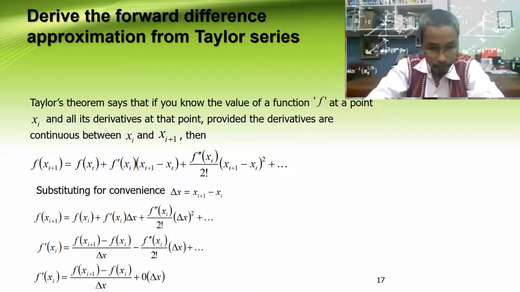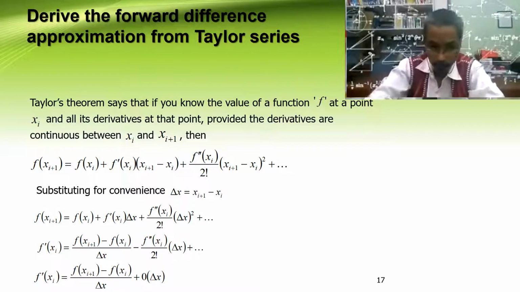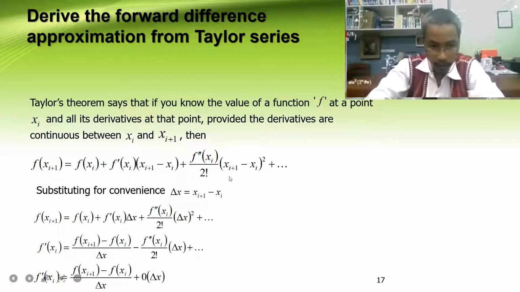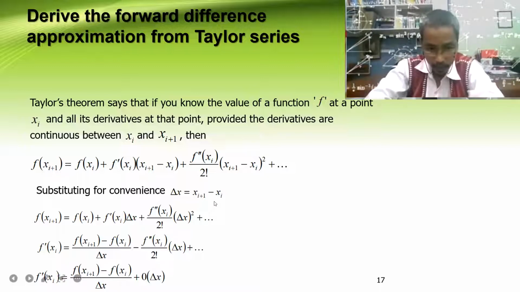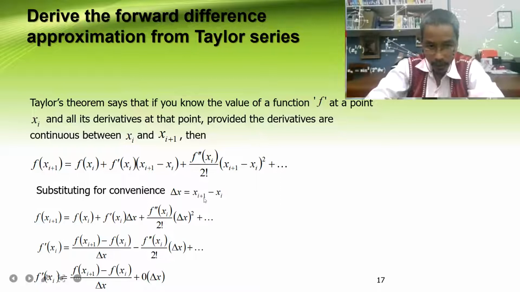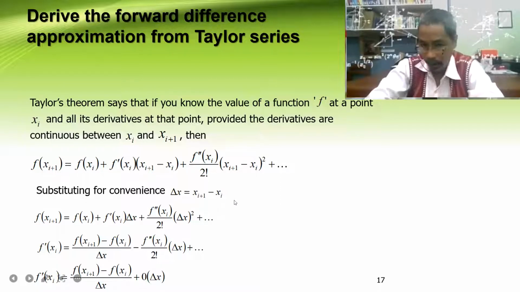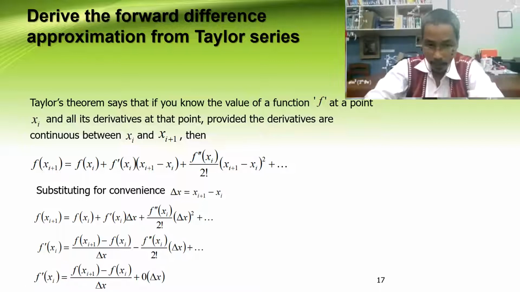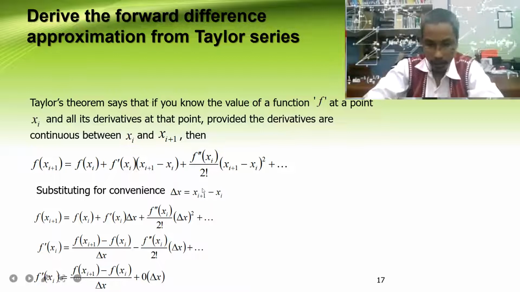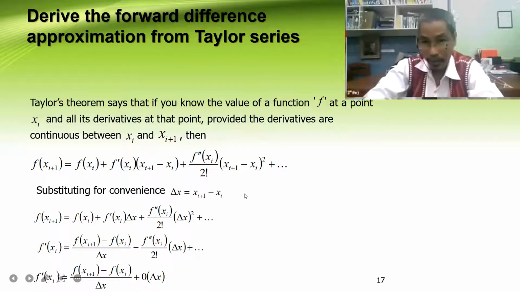So the first equation here is the Taylor series. Substituting for convenience, delta x is equal to x_(i+1) minus x_i. That is just x plus delta x minus x, which is delta x.